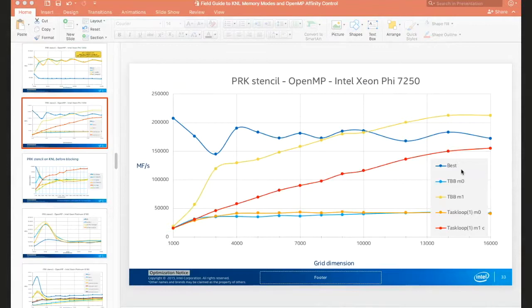SNC versus quad is a very, very important question. At least on KNL, the performance benefit of sub-NUMA clustering was very, very small. It was almost immeasurable, while at the same time allowing the programmer to absolutely screw themselves with terrible affinity and NUMA issues if the MPI process launcher didn't do the right thing.